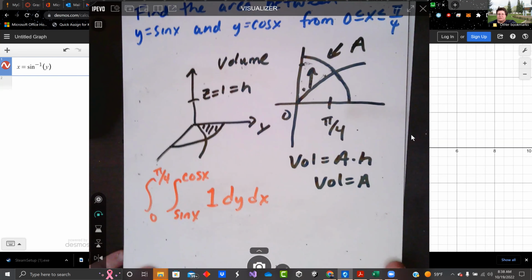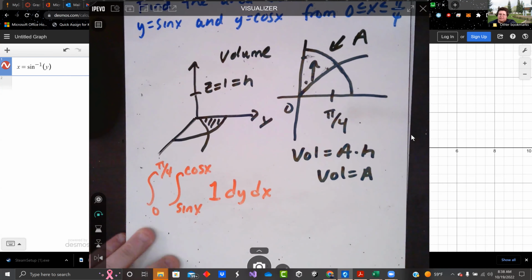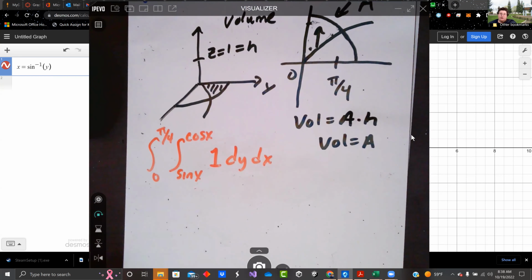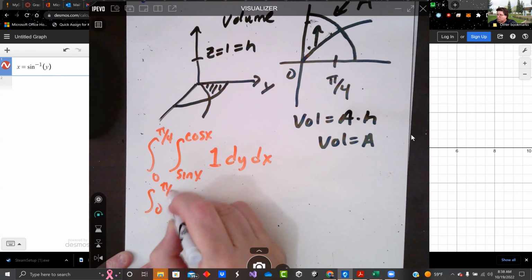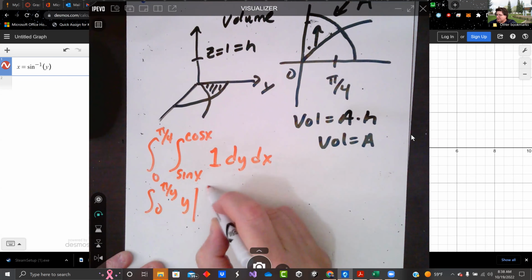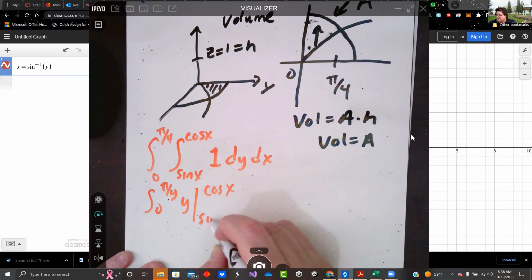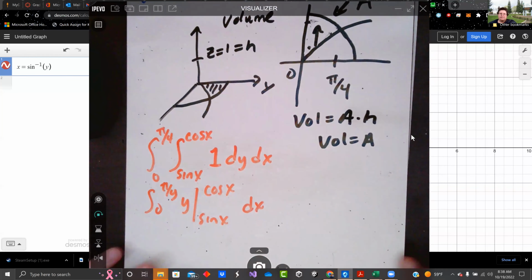So you probably wouldn't do this on this problem, but there are areas where it is just absolutely tedious. If you look at the video on this one that I did, the problem's awful. You will note that when we do it, we get the same thing. We integrate this, we've got 0 to pi over 4, y from cosine x to sine x, dx.